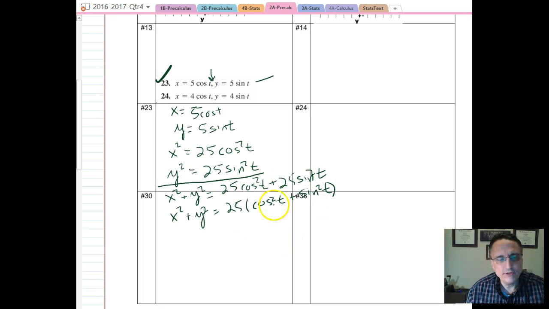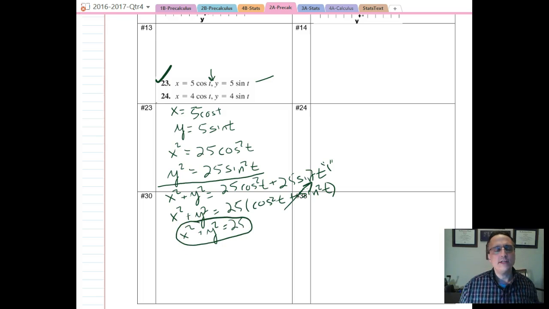And Rashawn will tell you that cosine squared t plus sine squared t is equal to, what is it, Rashawn? That's right, it's equal to 1. And so we end up with x squared plus y squared is 25. And that equation there, once we've gotten rid of the parametric variable t, is a circle with a radius of 5. And 24 is done much the same way.